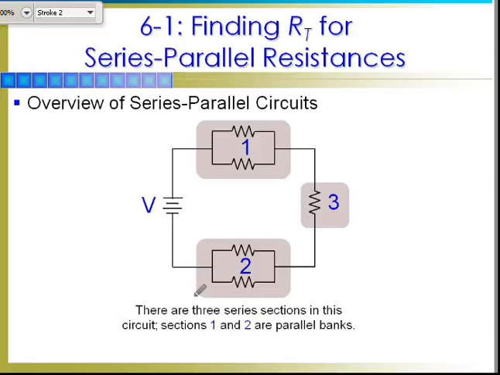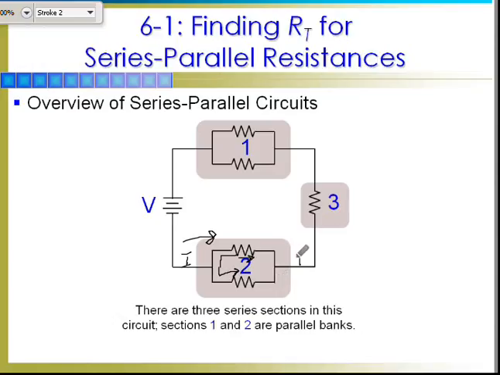Okay, once again, this one is a series circuit with multiple parallel banks. So in this case, you have the current going through, but the current is going to split at this point and go through each separate branch.